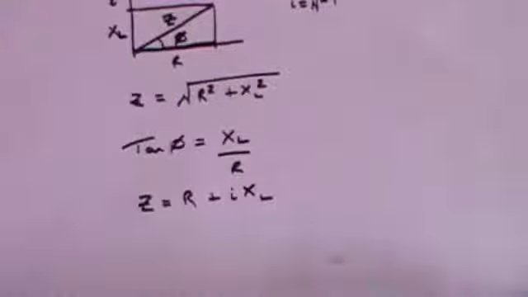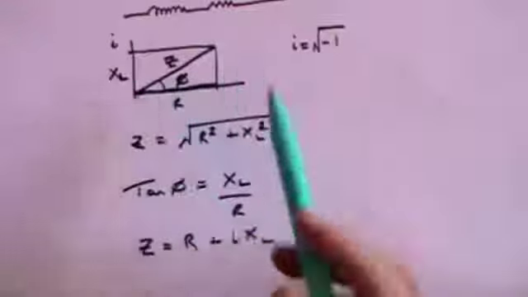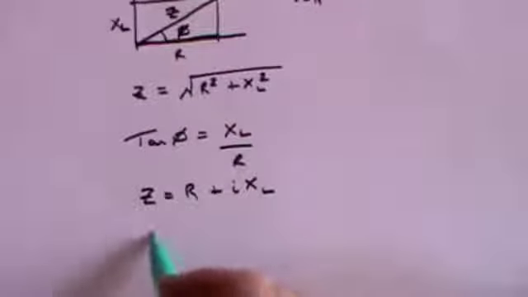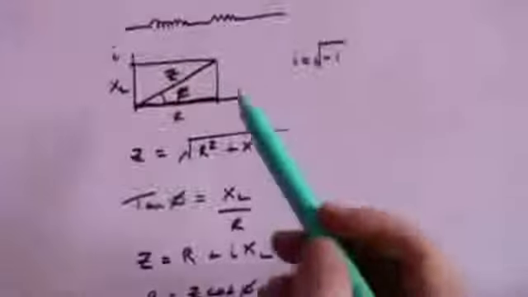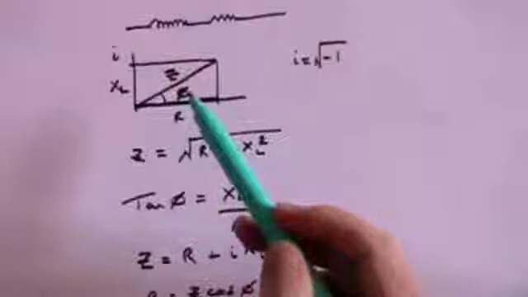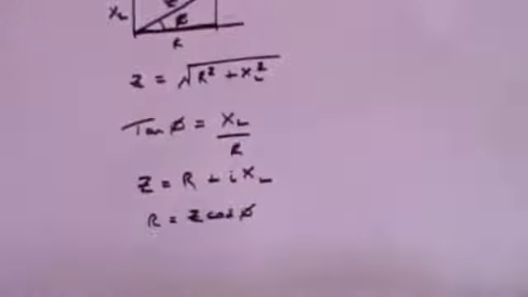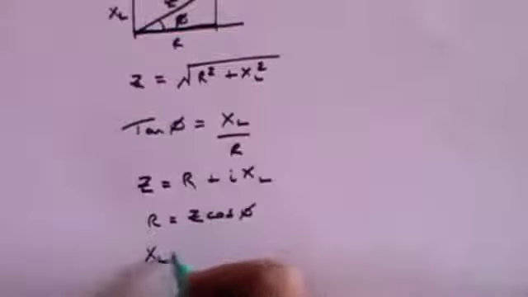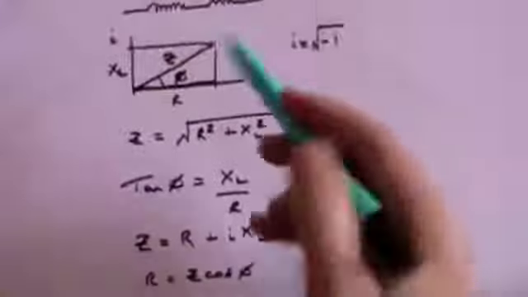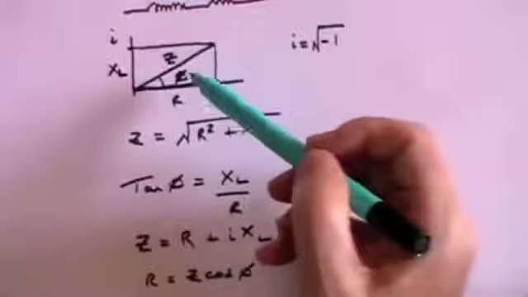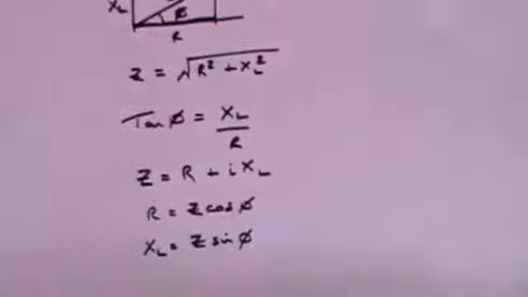And now we can do a little bit more maths. I think you will see that from this triangle here, R is Z cosine phi, because R over Z is cosine phi, so R is equal to Z times cosine phi. Similarly, you'll also see that XL is equal to Z sine phi, because X over Z is the sine of phi, so X is Z times the sine of phi.